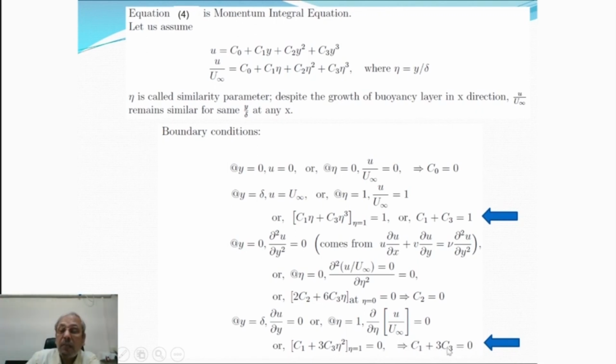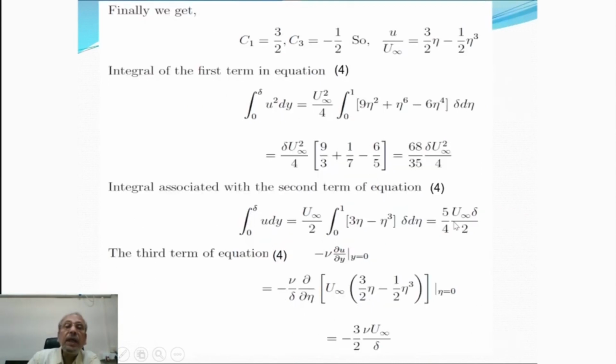So we get c1 plus thrice c3 equal to 0 and c1 plus c3 equal to 1. These two we solve for c1 and c3, and we get c1 equal to 3 by 2, c3 equal to minus half.